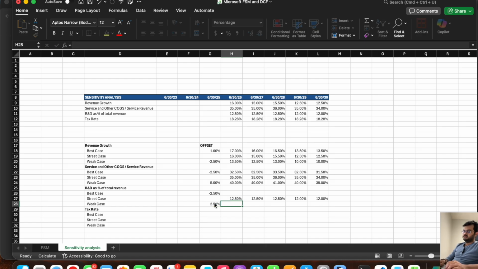Weak case, positive 2.5%. So in this case, this number plus this number, and then this number plus this number.